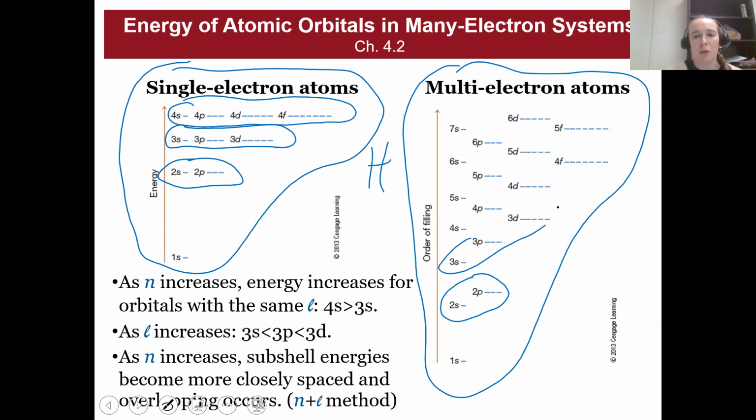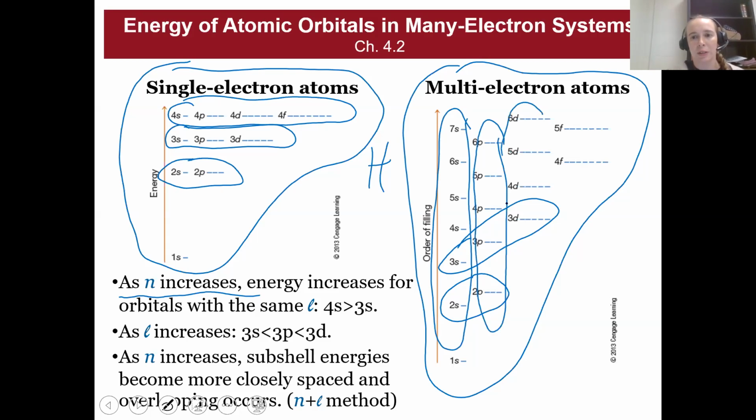Same thing happened with 3p, 3s, 3p, 3d, and 4, n equals 4, n equals 5, n equals 6, and so on. So we still have this general rule that when n increases, the energy increases for orbitals with the same L. So, for example, the L's are grouped together vertically, whereas the N's are grouped together horizontally in this figure.